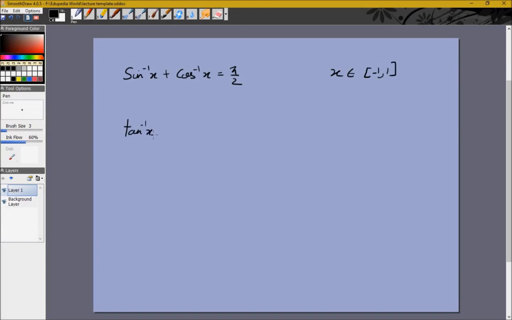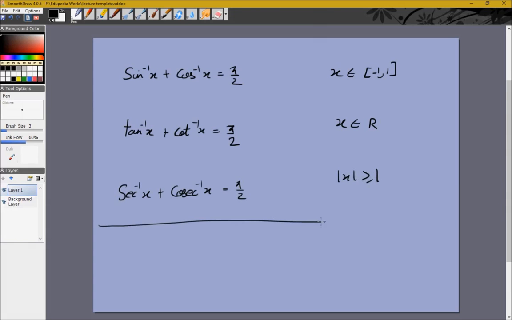Tan inverse x plus cot inverse x is equal to pi by 2, but now x can be any real number, and sec inverse x plus cosec inverse x is equal to pi by 2 again, but now mod x has to be greater than or equal to 1. So first, let's prove the first one. I'll prove that, you can prove the other two.